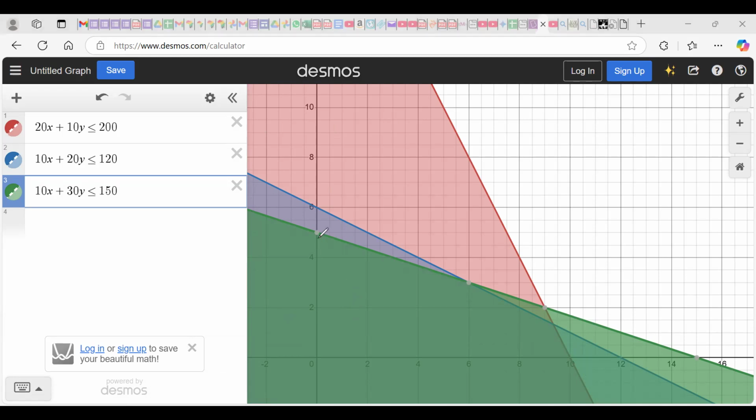This is the feasibility region, really. This here, come down here, come down here, go up back there. That's the feasibility region. Now you got to get these points here. Let's see how we can get it.